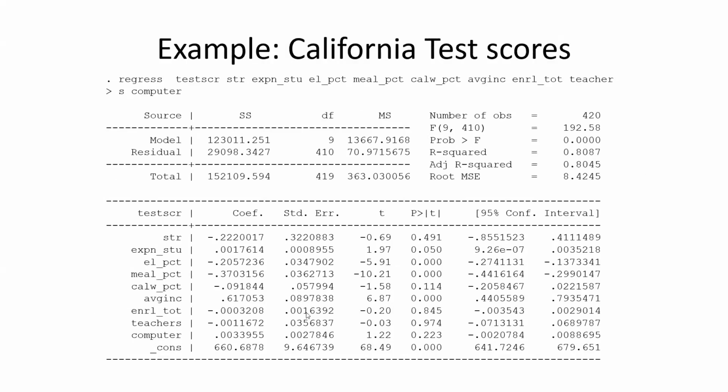So it's 29 versus 163. That's more than a 5-fold increase. So if you put the enrollment total back in, the standard error increases by a factor of more than 5.